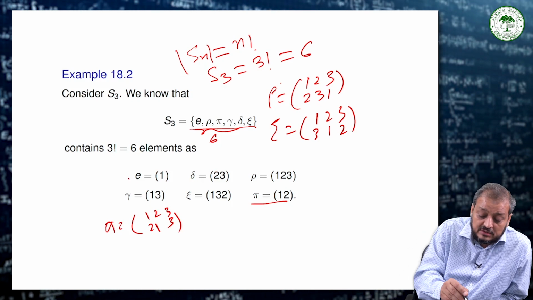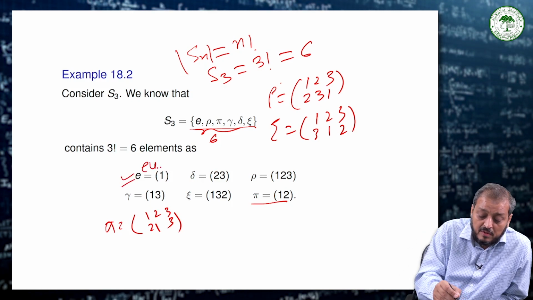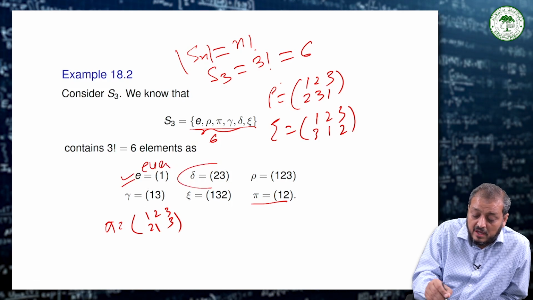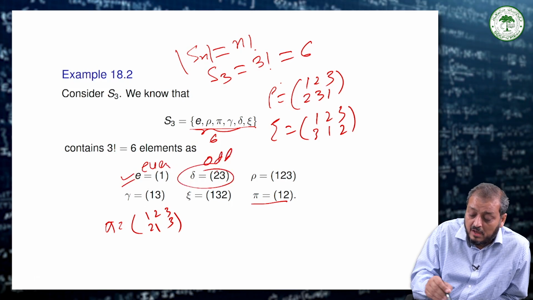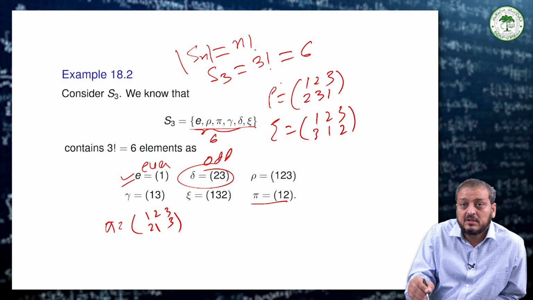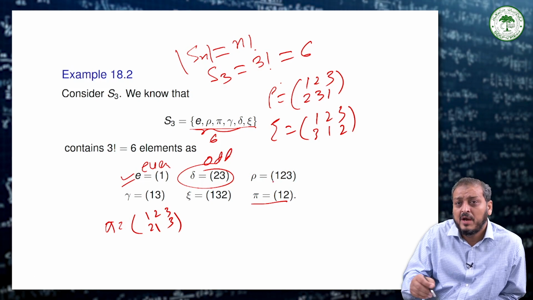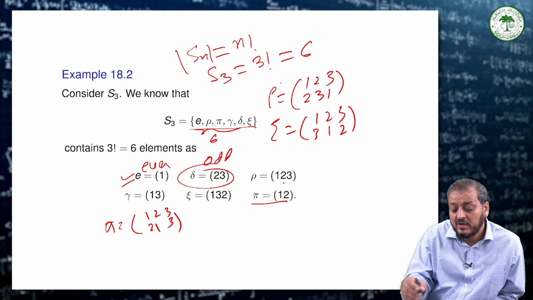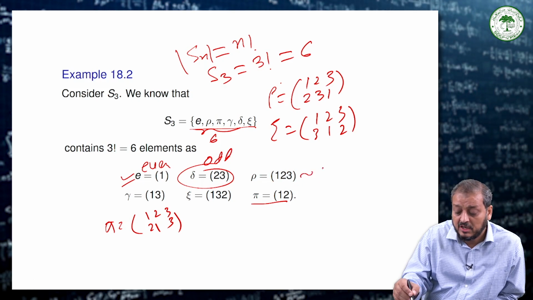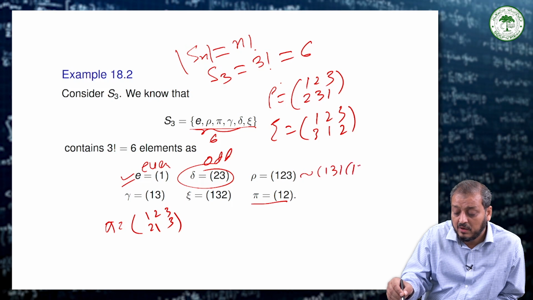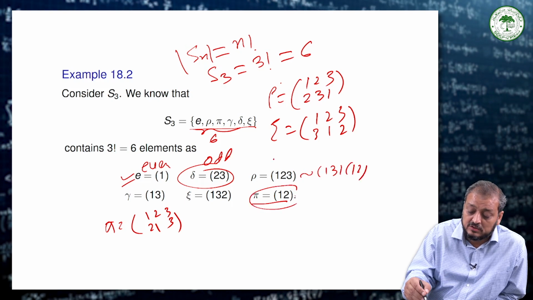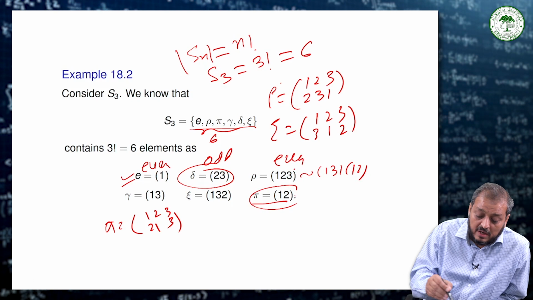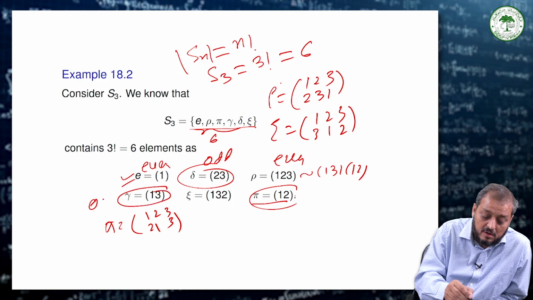Now you see this is clearly even, and this is odd, and the order of this is equal to 3. If the order is m, then it is written with m minus 1 transpositions. So this is an even number of transpositions. This can be written as (1 3)(1 2), and this is even, and this is odd.